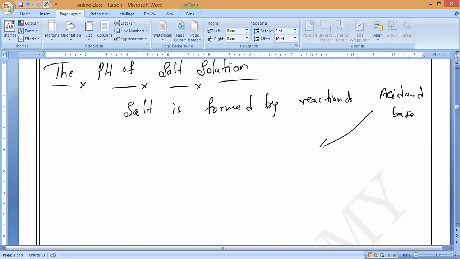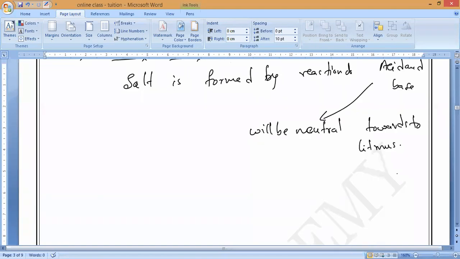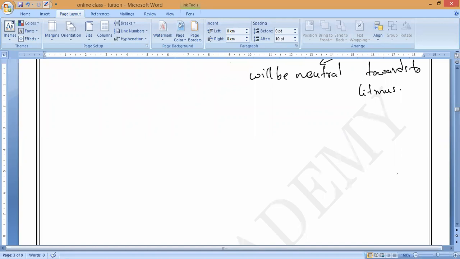So, what is the reaction with the litmus? We can expect that the solution of salt in water will be neutral towards litmus. It won't show any kind of reaction. Now you can see, it is not showing any reaction with the litmus.